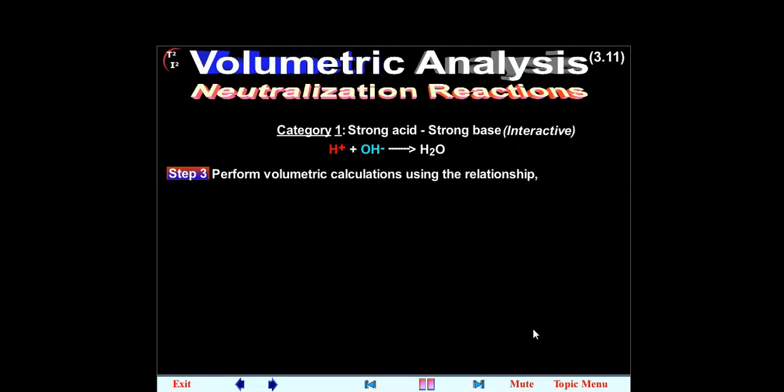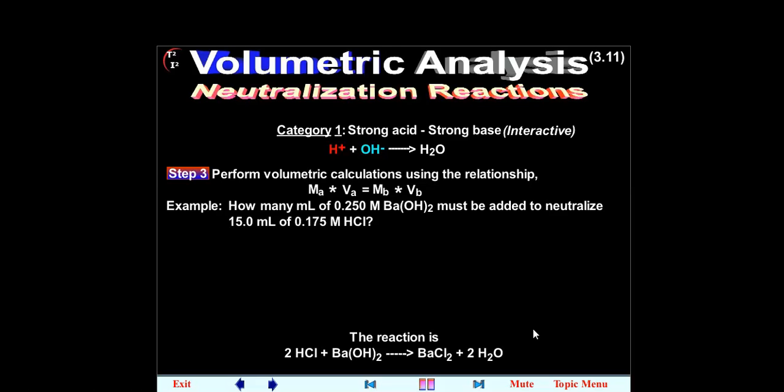Step 3. Perform volumetric calculations using the relationship Ma times Va equals Mb times Vb. Example. How many milliliters of 0.250 molar barium hydroxide must be added to neutralize 15.0 milliliters of 0.175 molar HCl?